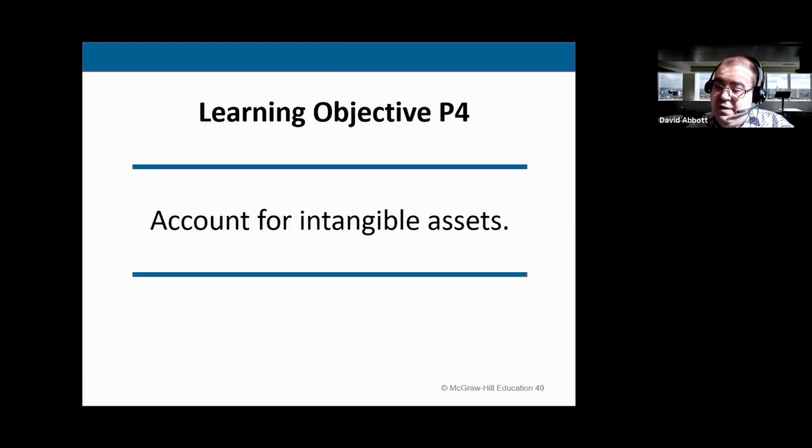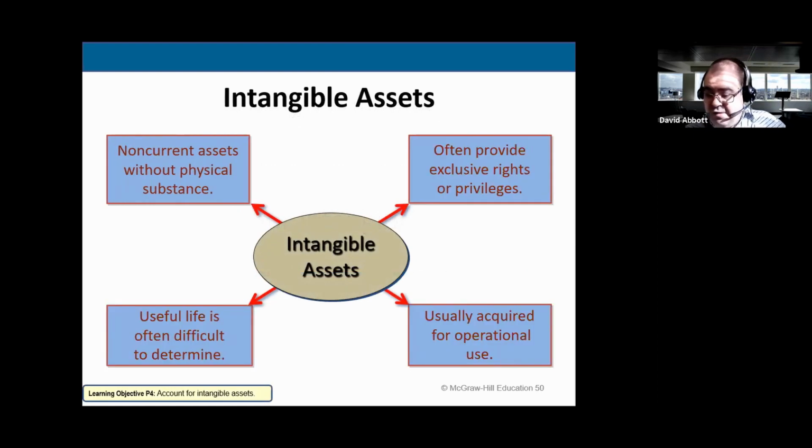Okay, account for intangible assets. Intangible assets are non-physical assets used in operations that give companies long-term rights, privileges, or competitive advantages. Examples are patents, copyrights, licenses, leaseholds, franchises, goodwill, trademarks, and right-to-use lease assets.